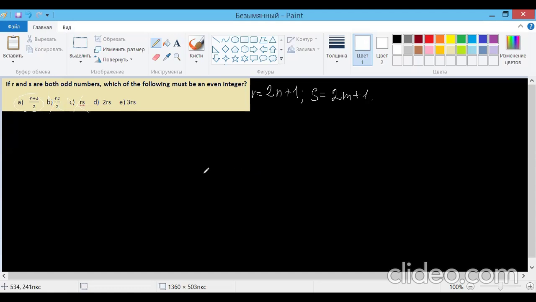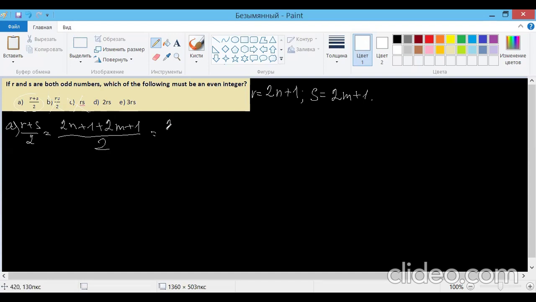Now, let's plug these expressions into each of the formulas to see whether the outcome, divided by 2, yields an even integer or not. So let's take a look at the first. R plus S over 2 is equal to, instead of R, we are writing 2n plus 1 plus, instead of S, we are writing 2m plus 1, over 2, right?